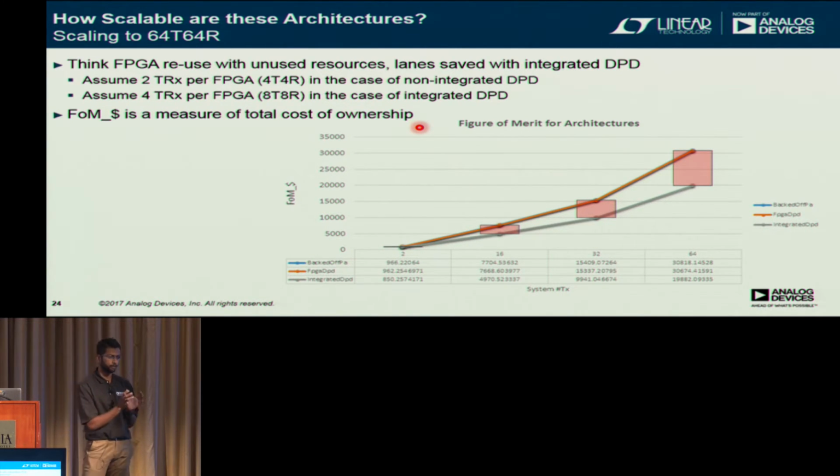So if I scaled a 2T2R system into a 32 by 32 or 64 by 64 system, how much improvement can I get from using all these different types of architectures?